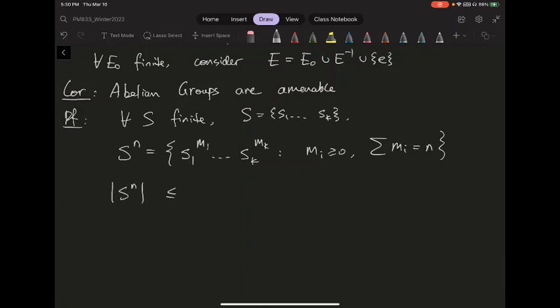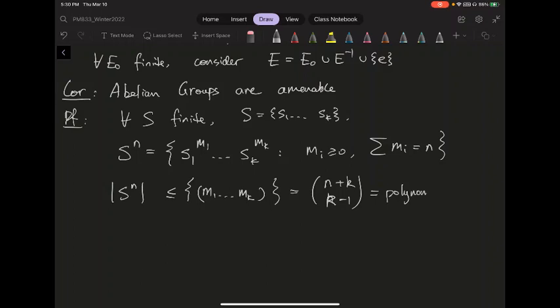So this is less than or equal to how many tuples (m1, up to mk) there are. There are several ways of computing this; it should be equal to n plus k choose k minus 1. The point is, this exact number is not interesting, but it is a polynomial in n.